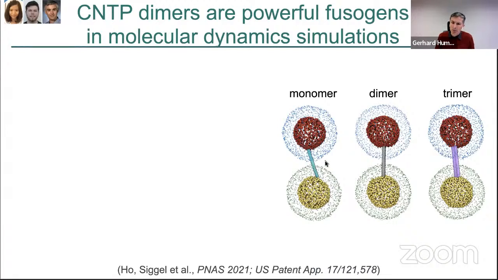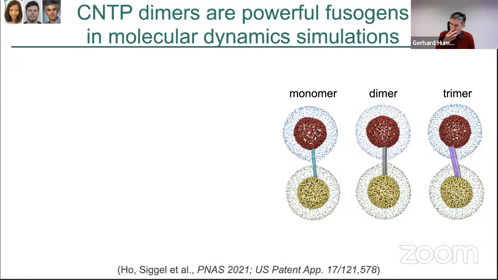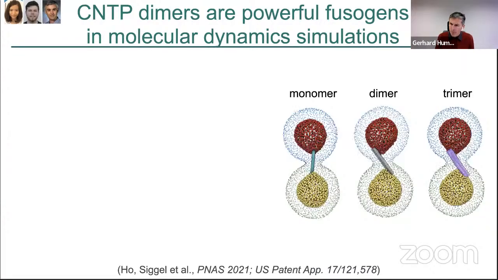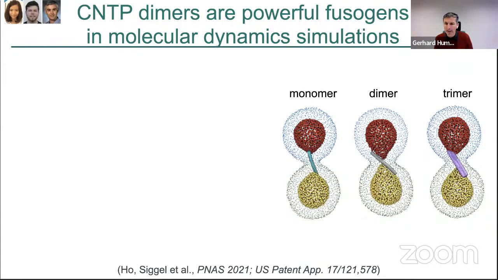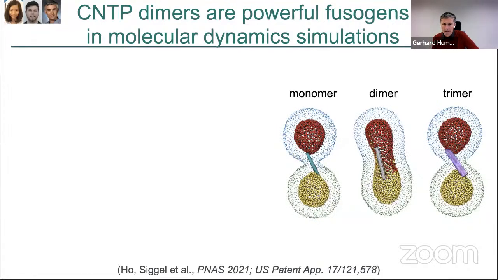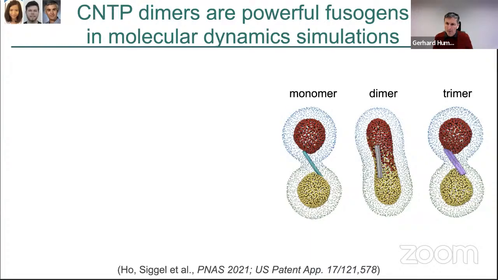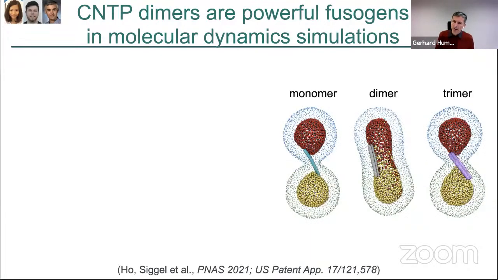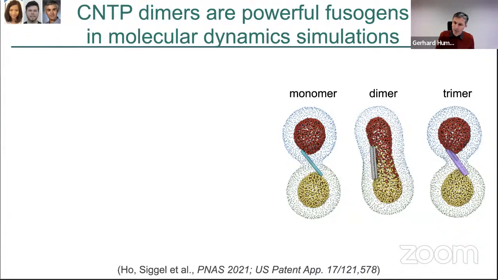So Mark started to set up simulations of monomeric carbon nanotubes as fusogens, dimeric carbon nanotubes, where you have the two nanotubes lined up in parallel, side by side, and trimeric nanotubes, where you have them arranged like in a little triangle. And what he found, and this is shown here in the movie, and I hope you can see them, is that dimers fused the lipid bilayers very, very effectively.